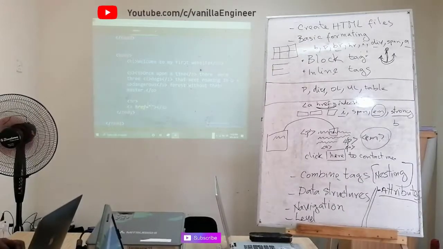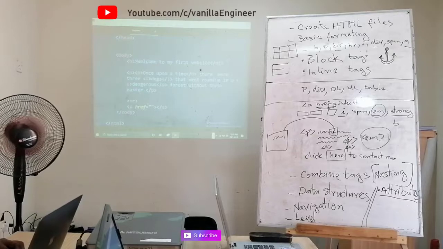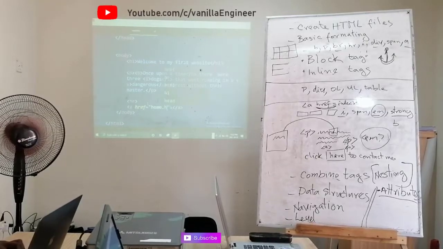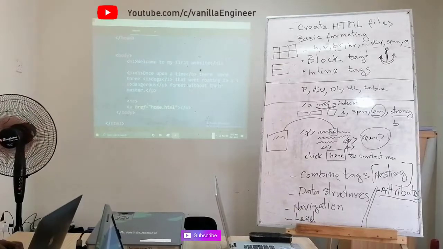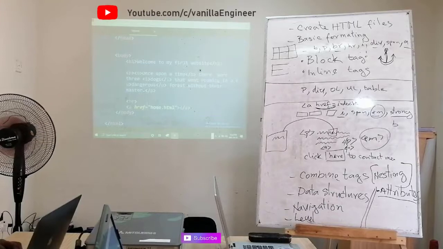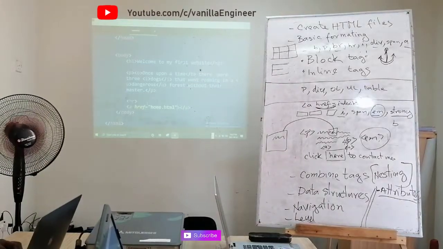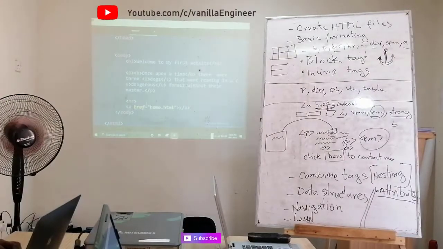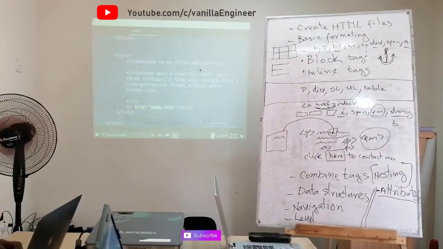So we add a href equals to, this time around we write home.html. We came from home, right? It's from home we click to go to index. So I want us now to click from index to home. So let's say home.